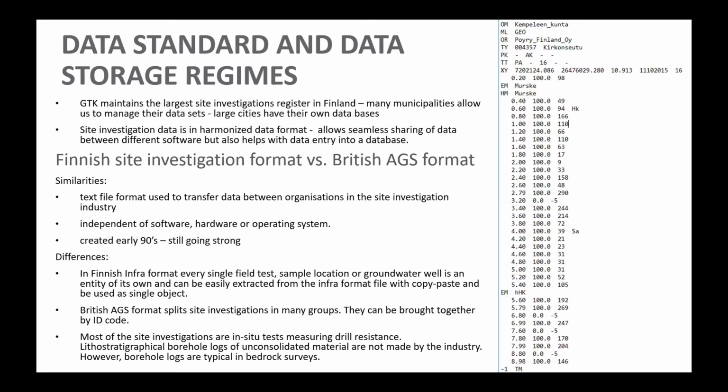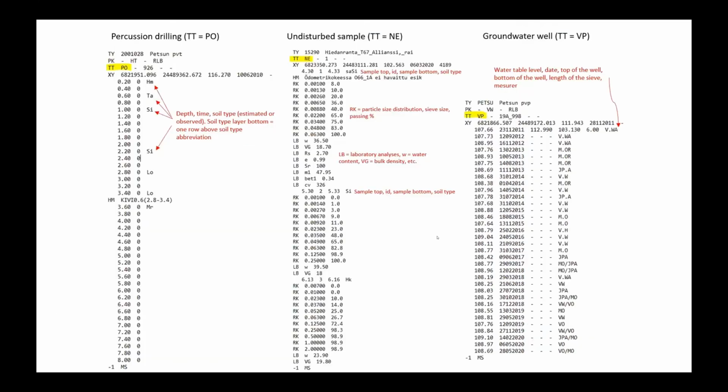This is the Swedish weight sounding test. The first column is the depth of the drilling. Then you have some parameters, weights and number of rotations, and then some kind of an idea from the driller of what the soil type is there.